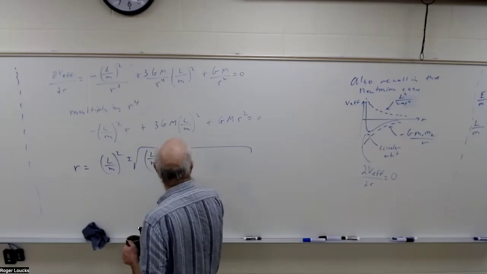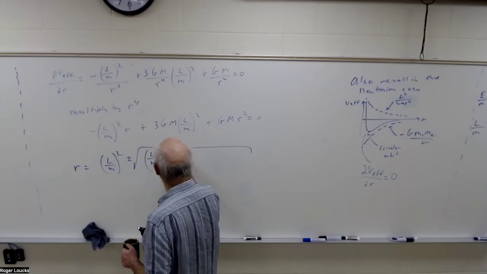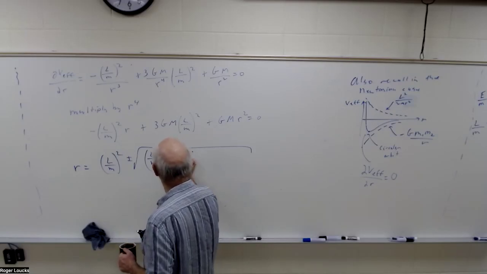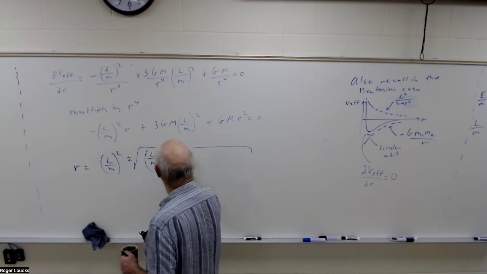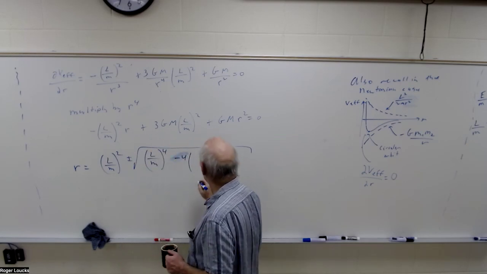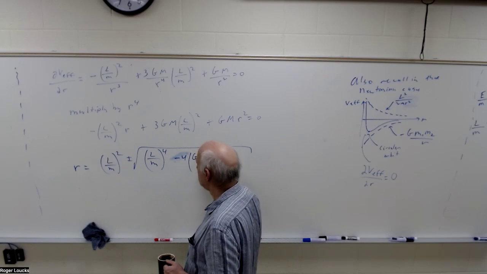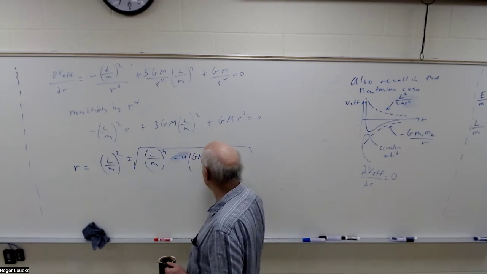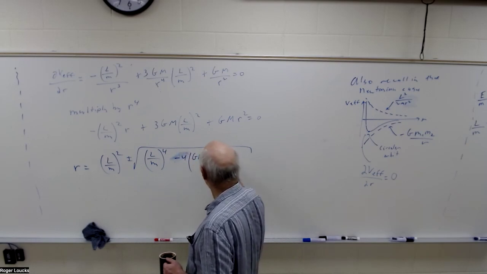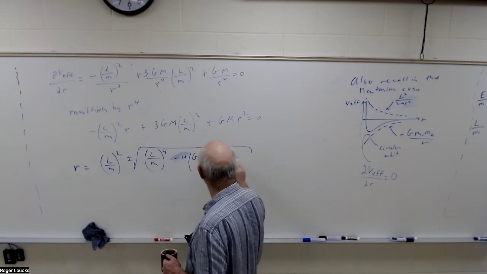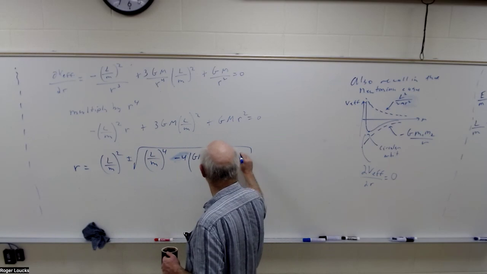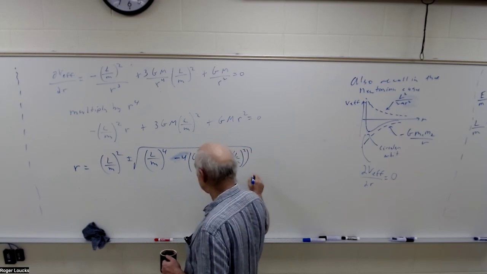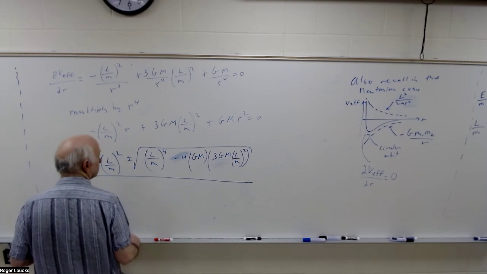Okay, minus 4AC, so our A is GM here, our C is L over M squared here, all over 2A.